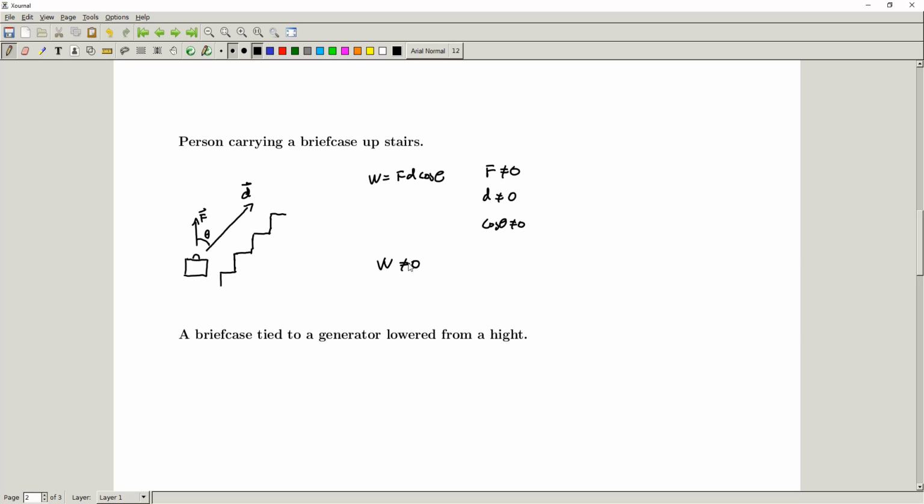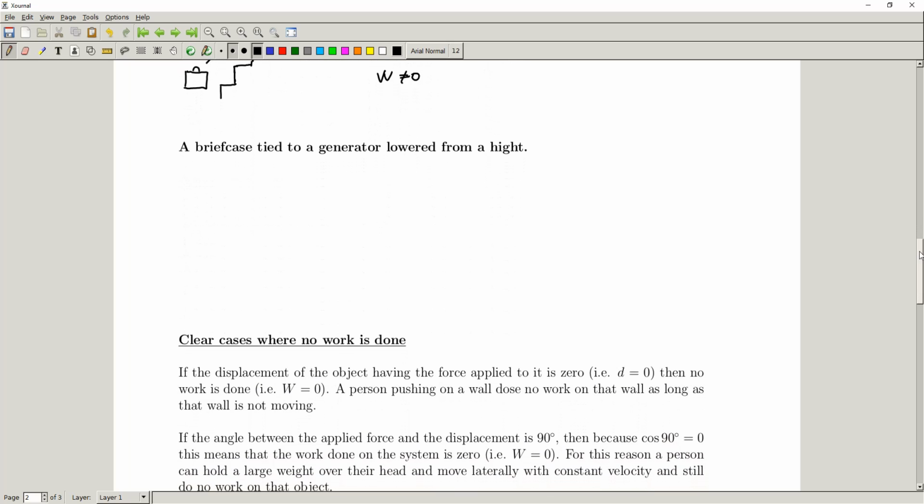Okay. I have one more mini example, and then we'll move on to a couple of other things. So let's say we get to the top of the staircase with this briefcase, and then the person hooks the briefcase up to some sort of a generator with a line hanging down it, and the generator then lowers the briefcase.